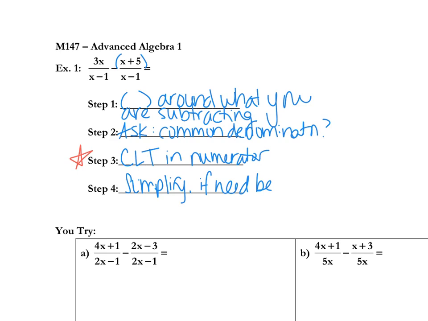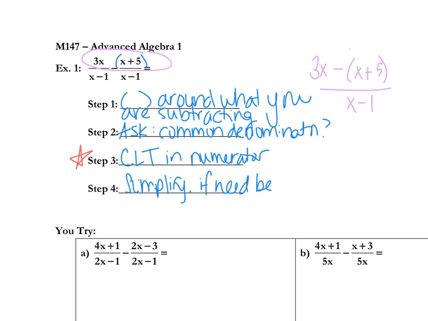All right, so we put parentheses already around what we are subtracting. We have a common denominator, so we can go ahead and simplify the numerator. So this is going to be 3x minus, in parentheses, x plus 5, all over the least common denominator. Okay, do not cancel anything.